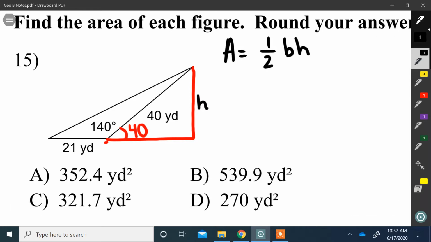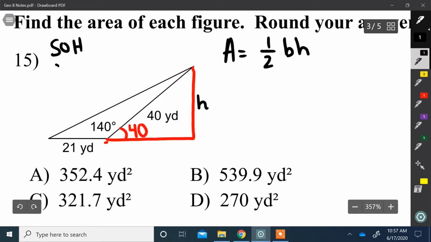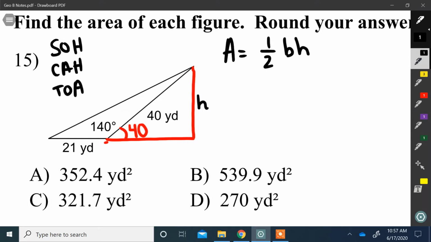Well, we're going to use what we call SOHCAHTOA. This is probably where you're like, oh, not this again. Okay. We have to find the height there.